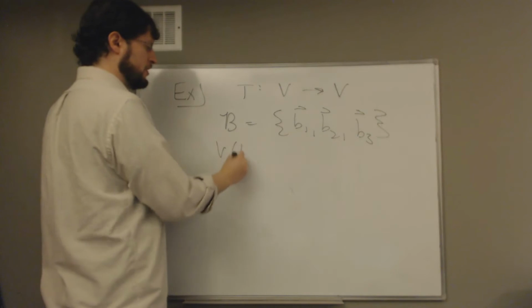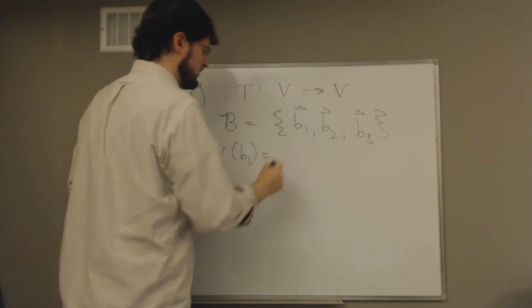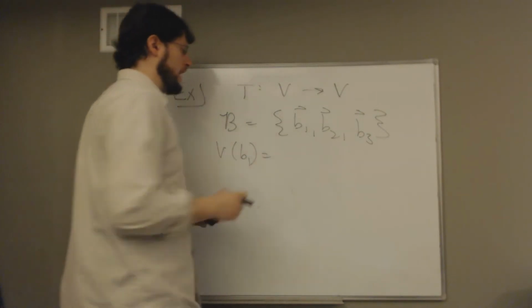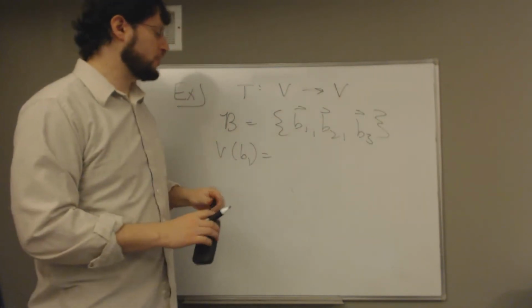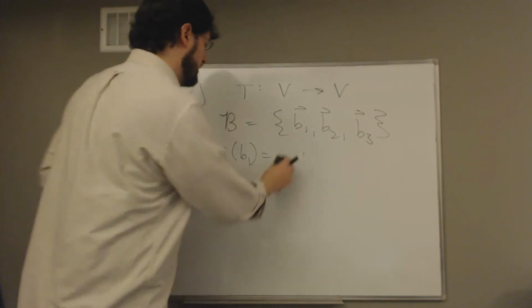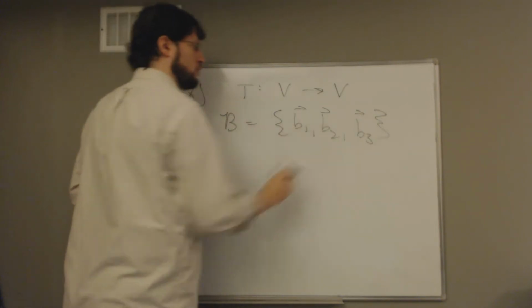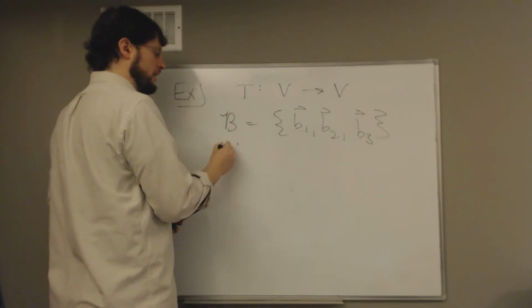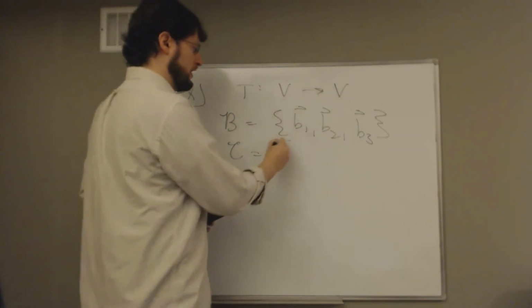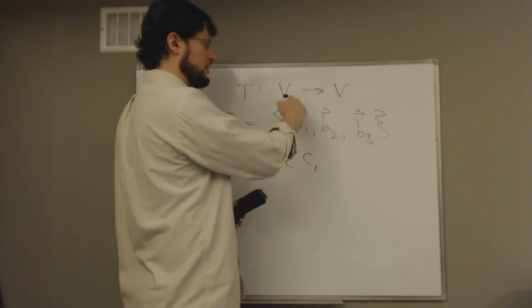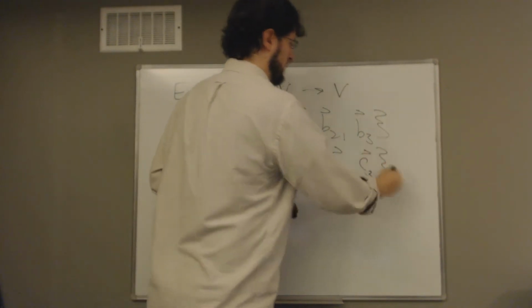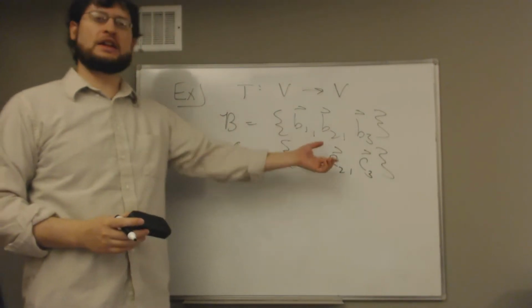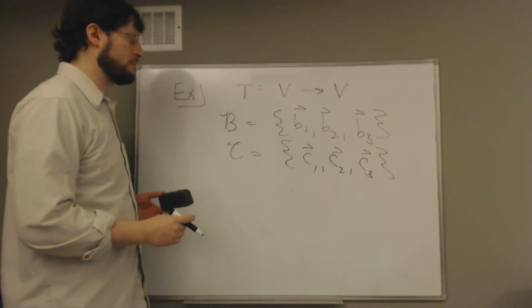Now, since I'm going from V to V, we could have two things happen, right? So let's suppose that we have B, which is one basis for V, and we have another basis for the same vector space V. So since this is three-dimensional, I'd have to have three basis elements, and a different basis C as well.